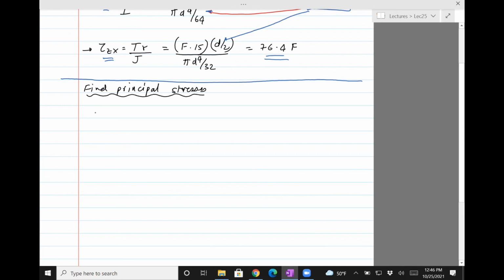Okay, so sigma A B is equal to sigma x plus sigma z divided by 2 plus or minus the square root of sigma x minus sigma z divided by 2 squared plus tau zx squared. So I'm just going to plug in the values.